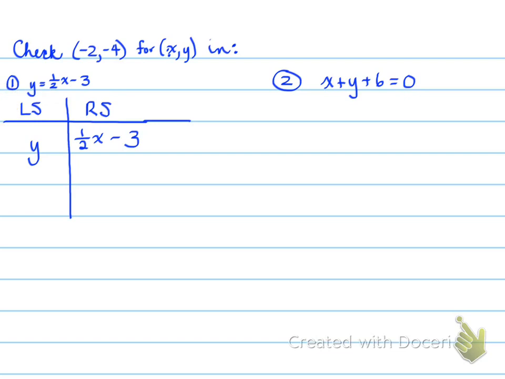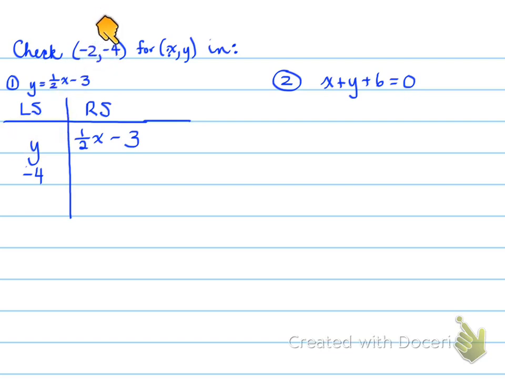So we do need to do it in this format, and no other form is acceptable. Well, the reason why is you can't say it's equal to something until we can prove it actually is equal. That's what the point behind doing a check is. So left side is y, the right side is 1/2 x minus 3, and you plug in the values. So y is going to have -4.